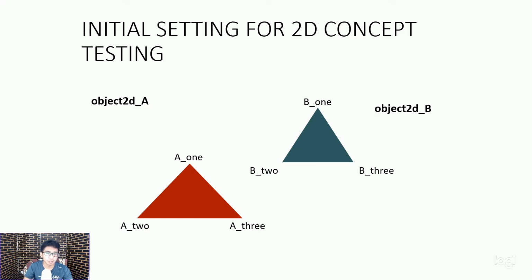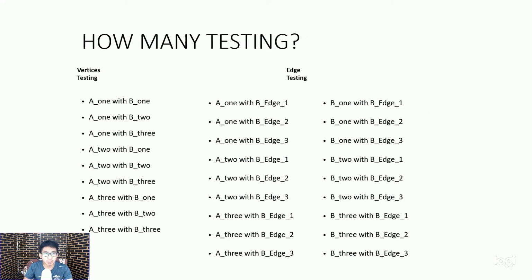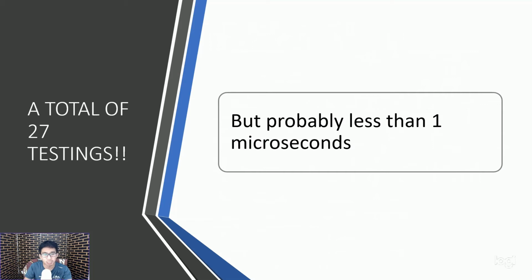The vertices are points A1, A2, A3, B1, B2, B3, and also the edges. The edges are the edge of A1 between A2, the edge of A1 between A3, the edge of A2 between A3. Same thing with B. So this is the total of testing we need to do. This is what happens if we don't use the bounding volume. So a lot of testing. It's a total of 27 tests up there, but it probably takes less than 1 microsecond.